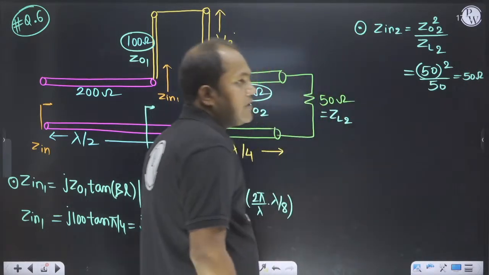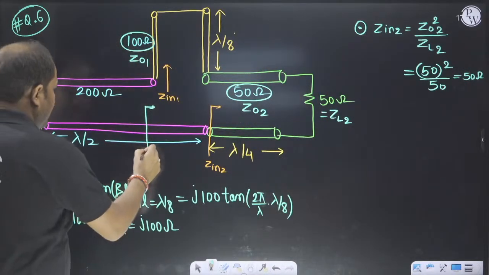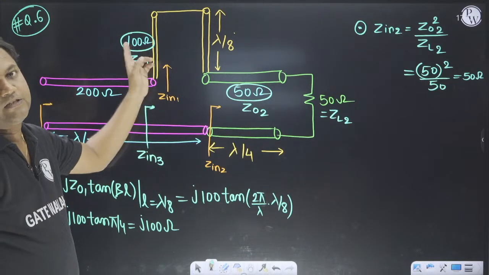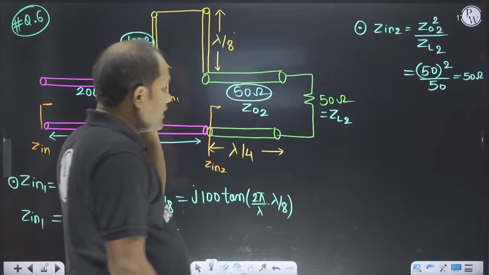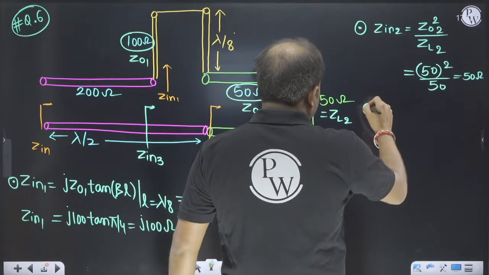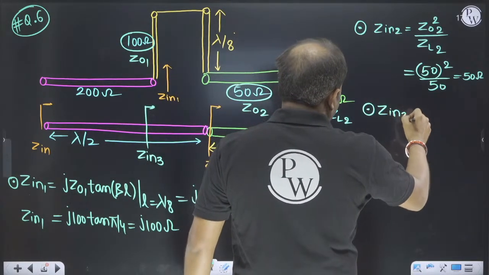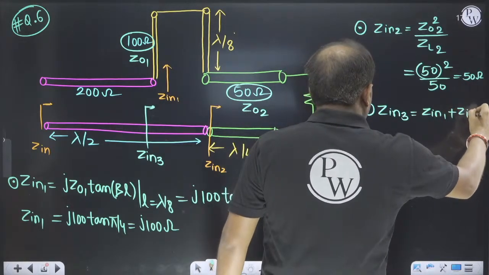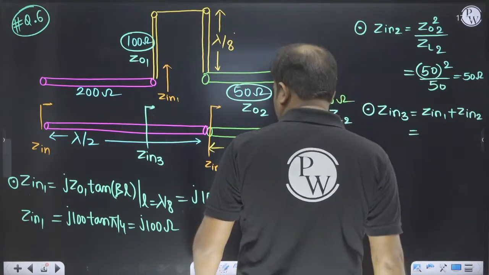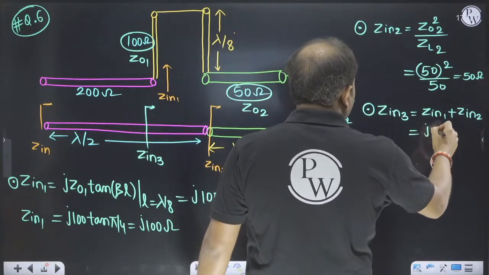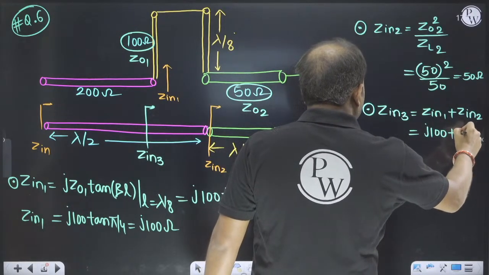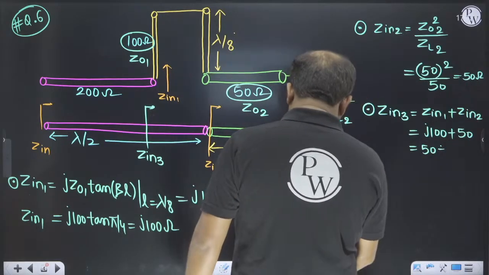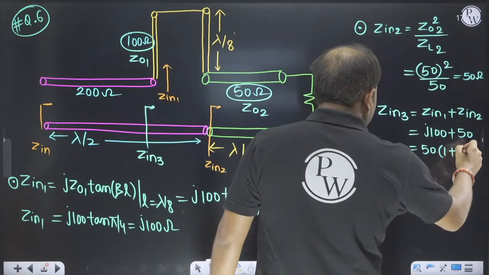It is 50 ohm. Then we have Zin3. Zin3 is the series combination of Zin1 and Zin2. Zin1 is j100 and Zin2 is 50, so Zin3 is 50 plus j100.